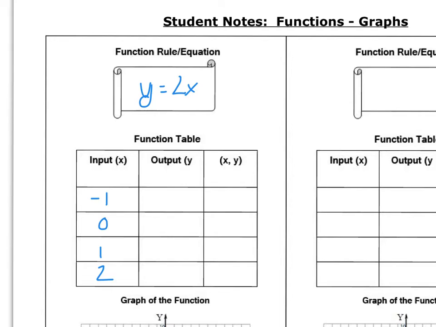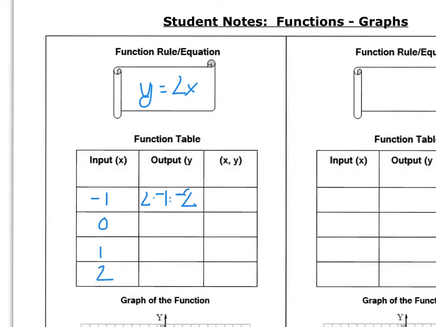Okay, let's try graphing another function. In this example, we're going to graph the function y is equal to negative 2x, and I've already chosen my values for x to be negative 1, 0, 1, and 2. And I'm now going to replace x with negative 1, so I have 2 times negative 1, which is negative 2.